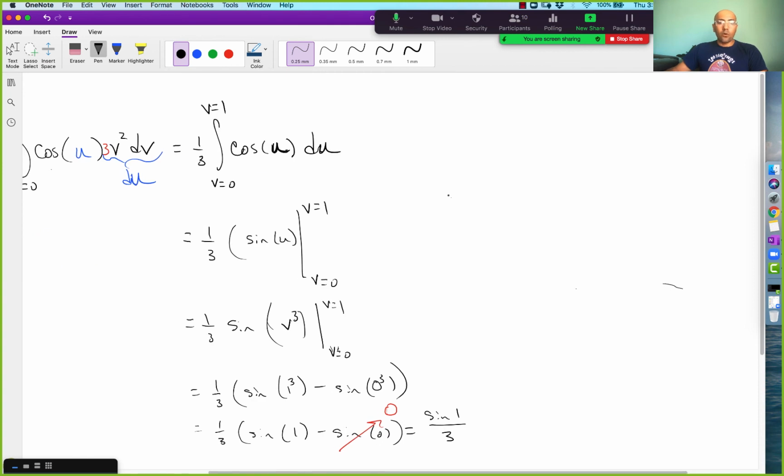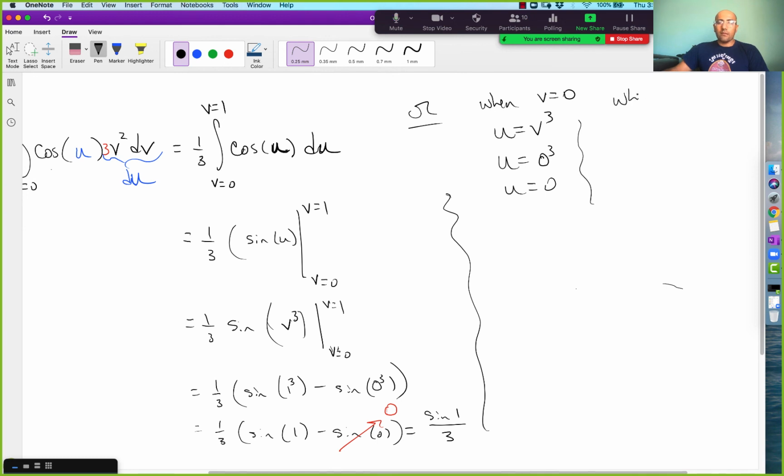Good. Or, the other option, put a big or, like we did before, what we could do is think about the little subcases, right? When v equals 0, then u equals v cubed, then u equals 0 cubed, which means u equals 0.